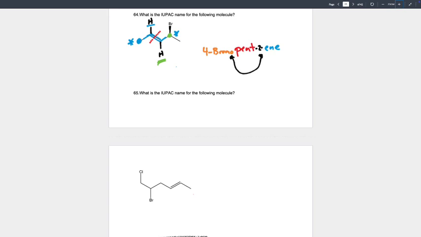Now that I've got my stars, I can slice parallel to the pi bond, and I say, where are the stars? Are they on the same side or opposite sides of that line?